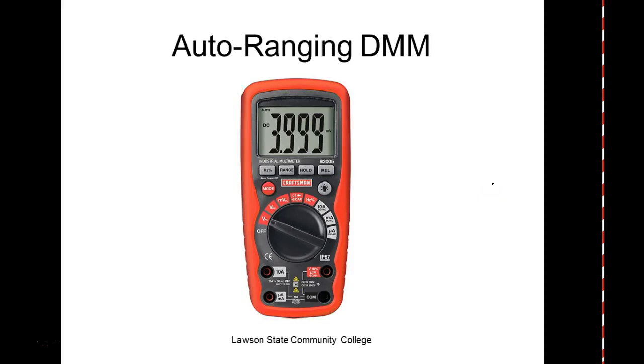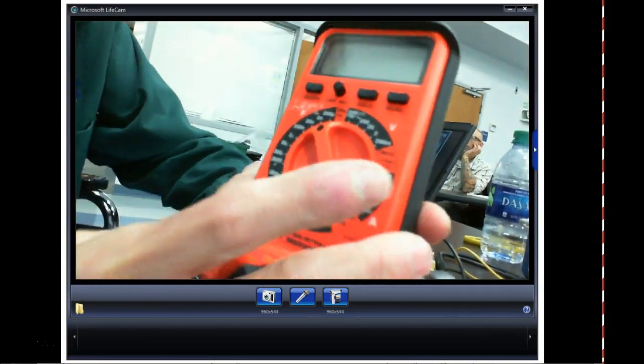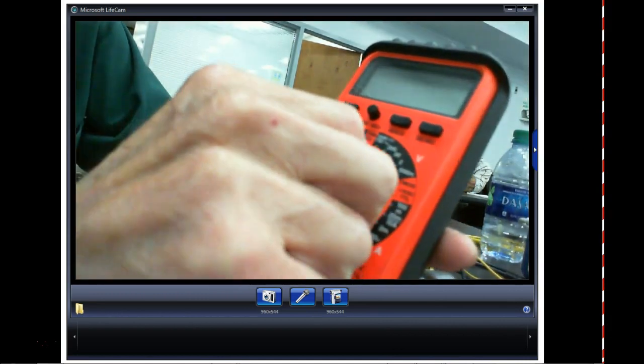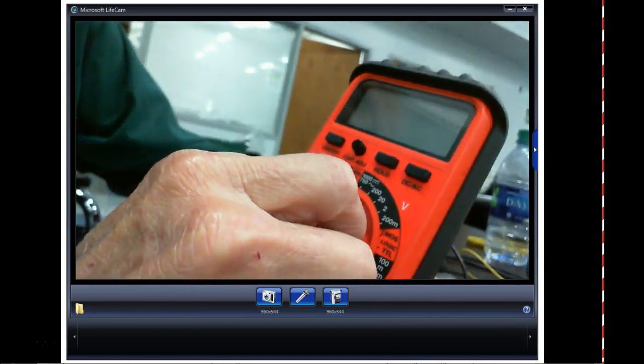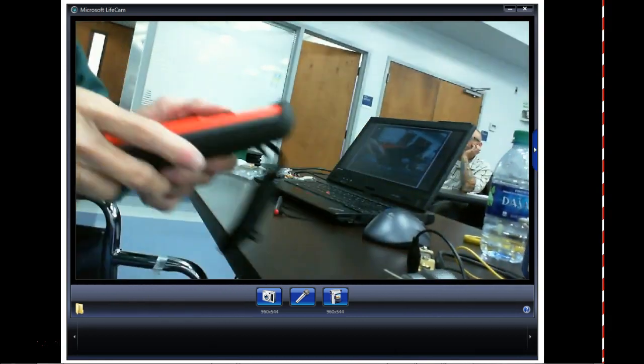And so this is an auto ranging meter, which is good, but some of them are kind of weird. This one right here I don't like. What I don't like about this one is, I'm going to put it on volts, so it doesn't have an AC scale. I'm going to turn it on, and I'm going to put it on volts.